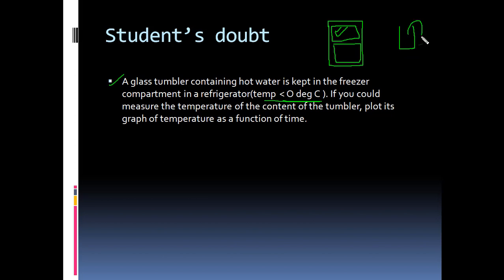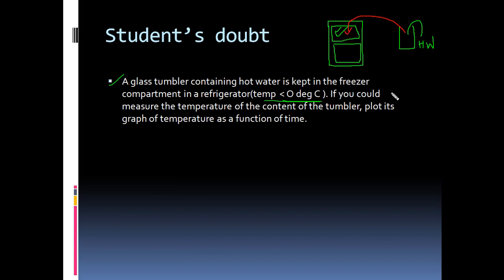Okay, this glass bottle or tumbler contains hot water. Now this tumbler is kept in this freezer compartment of this refrigerator. Here this one is kept here.